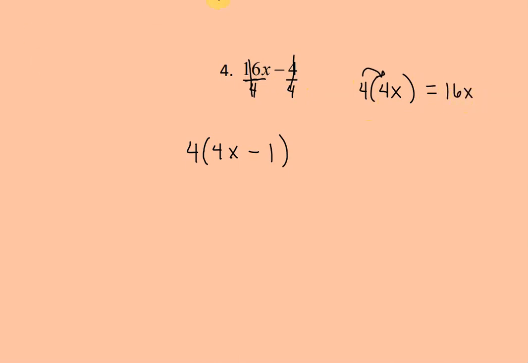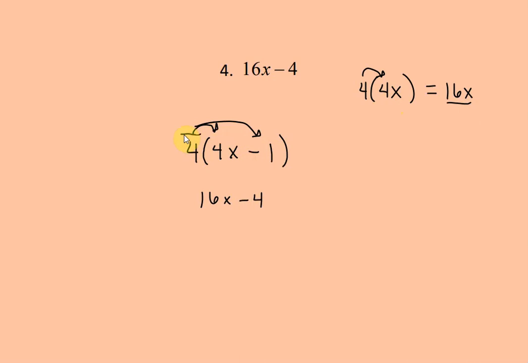Well, remember I said anytime we factor, we're always able to multiply our solution back together to get what we started with. Here I didn't get what I started with. But in the first solution, if I were to multiply these back together, this would be distributed, and I would get 16x, and then minus 4 times 1 is 4.